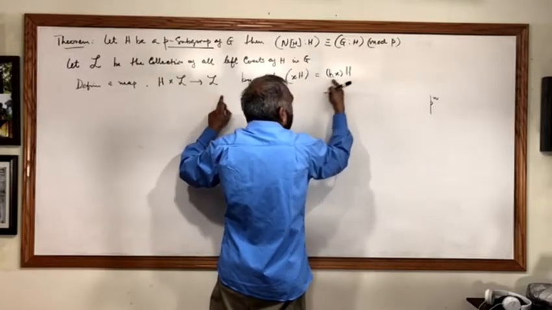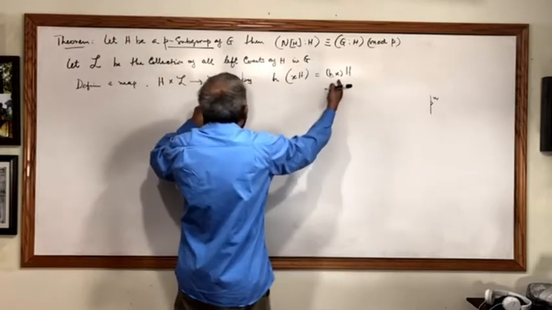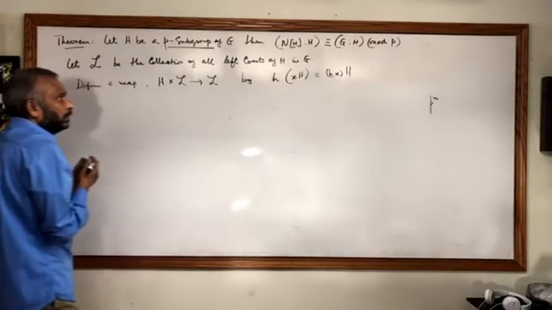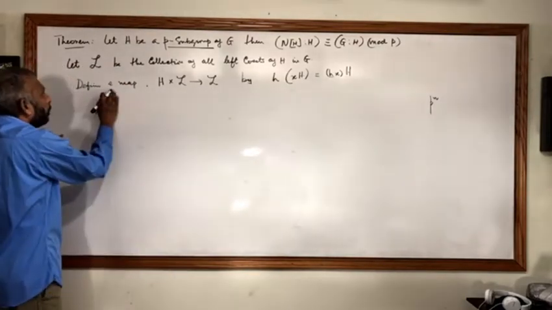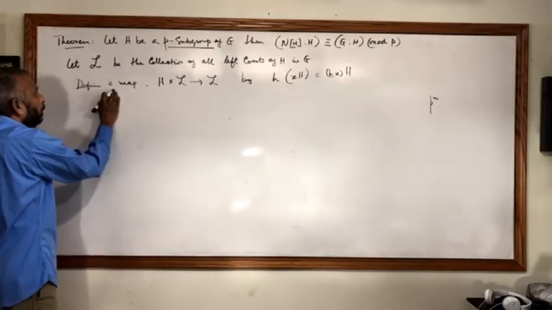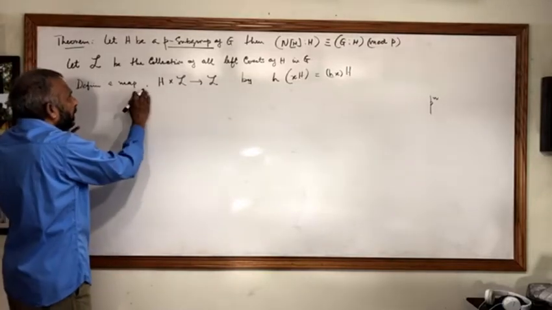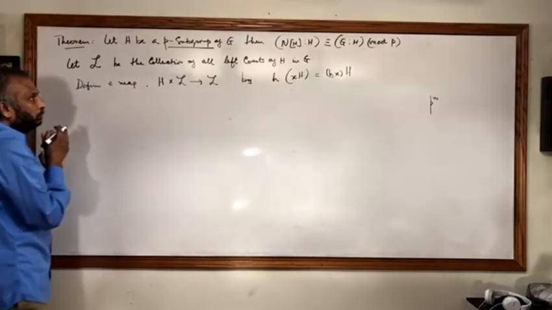This is also a left coset, so it definitely is in L. So this is a group action. We still have to verify it, but I will leave it to you.